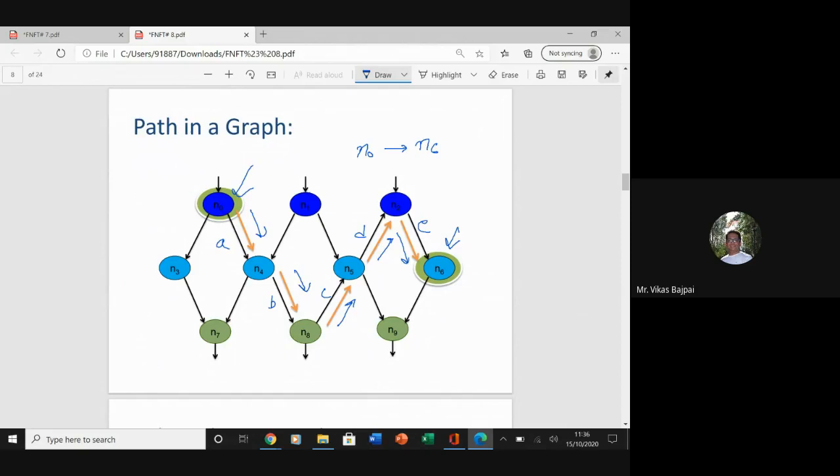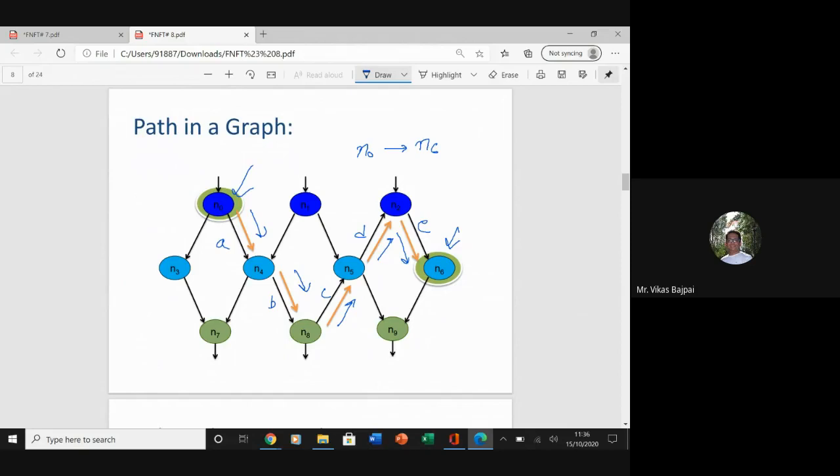If I have a directed graph, then the paths between two nodes will be comparatively fewer than what we can have in an undirected graph. That's a basic difference.